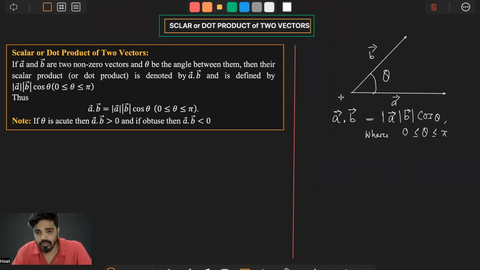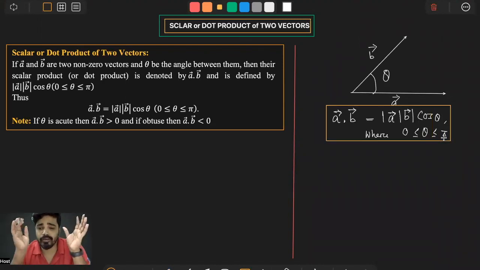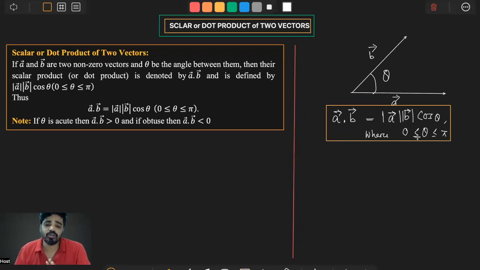So this is the definition of dot product or scalar product. If A and B are two non-zero vectors and theta is the angle between A and B, then the dot product or scalar product is denoted by A dot B and is defined by modulus A modulus B cos theta, where 0 less than or equal to theta less than or equal to pi.